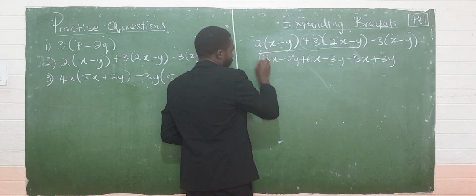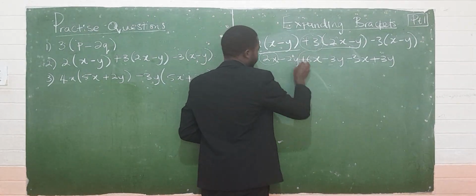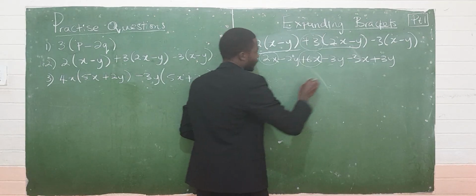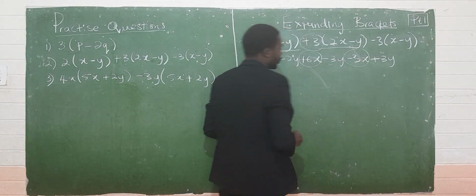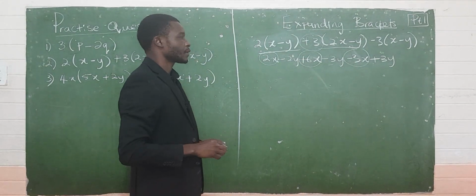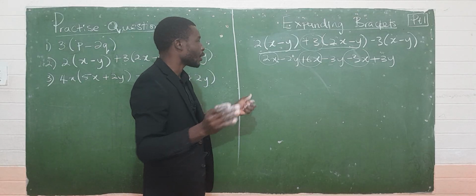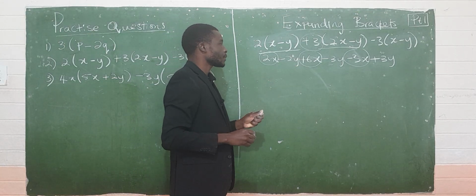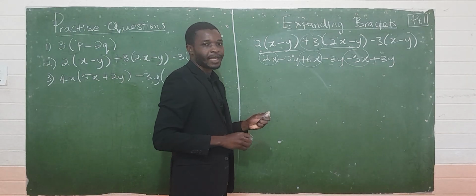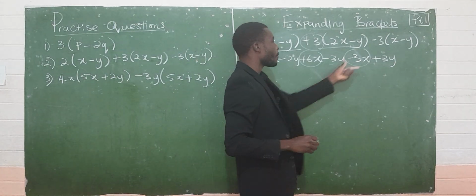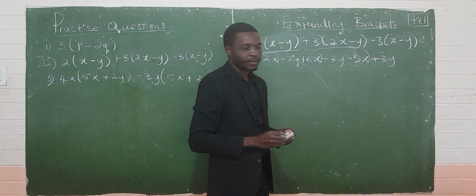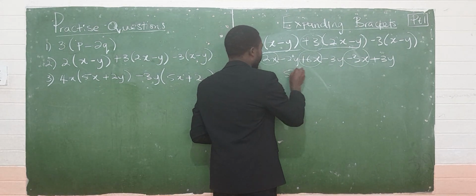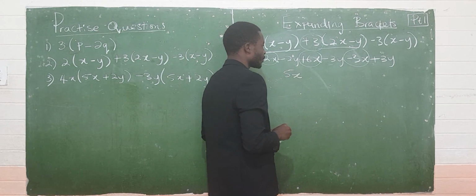You have 2x, you have positive 6x, and you have negative 3x. Those are the same terms, and you're going to combine them. So 2x plus 6x, this gives us 8x, and 8x minus 3x, that gives us 5x.